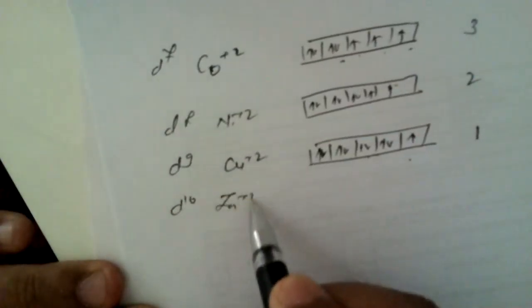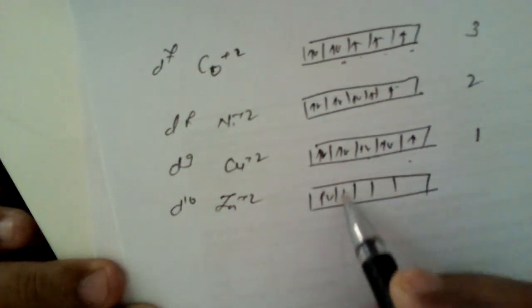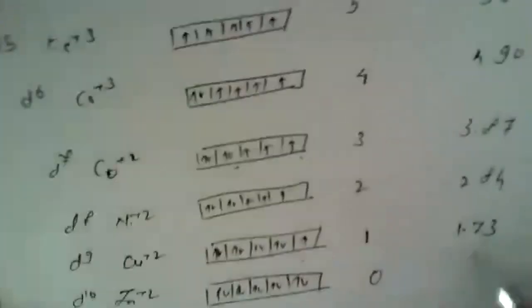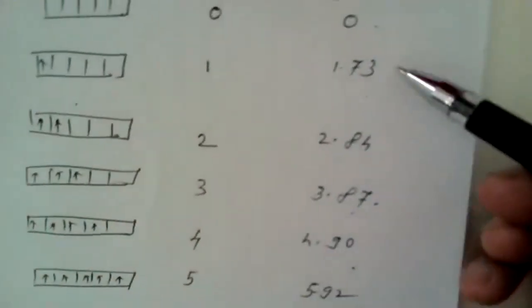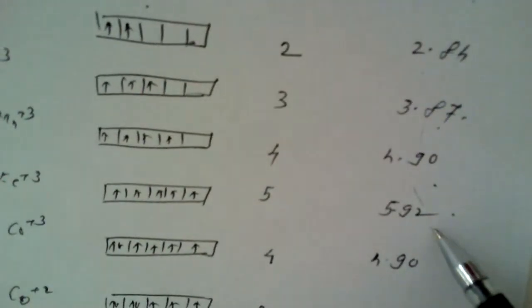And D10 case, for example, Zn plus 2. D orbitals containing 10 electrons, no unpaired electrons are there, so no magnetic moment is there.